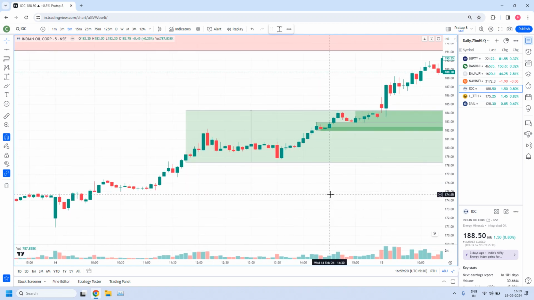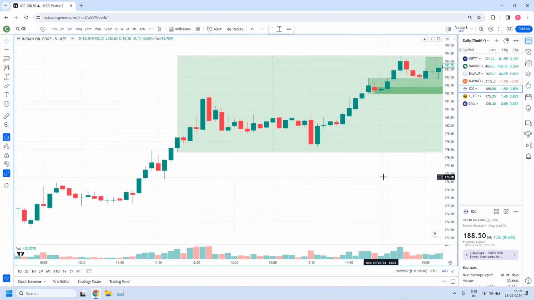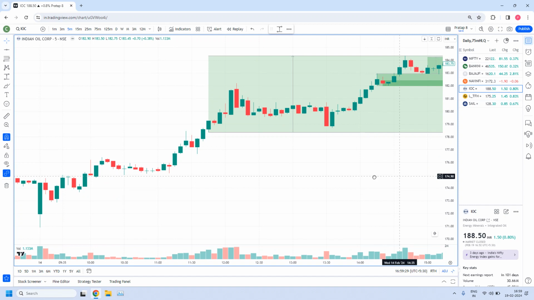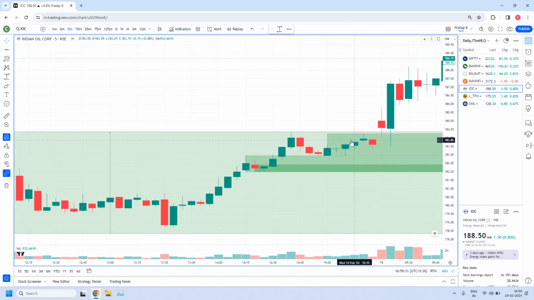So here we have a leg candle, two base candles and a rally candle, and follow through candles are there. Prices came close to the zone, but there is a strong order flow here, in this area below these candles.